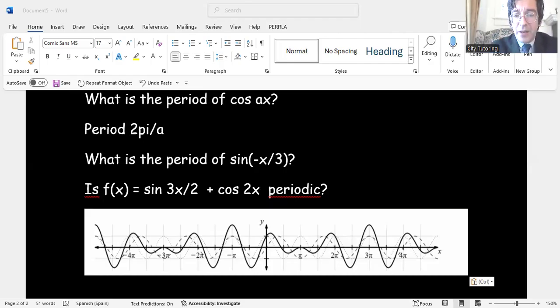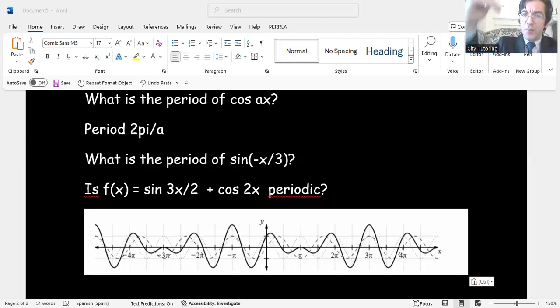It looks like a graph that is, of course, repeating itself. So we can suspect that our function, sine of 3x over 2 plus cosine of 2x, is periodic. But can you be sure? And if it is periodic, why is it periodic?